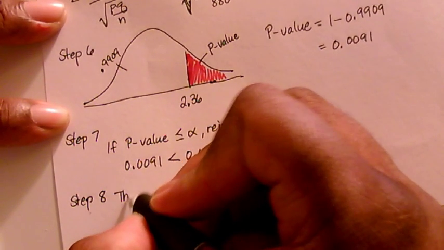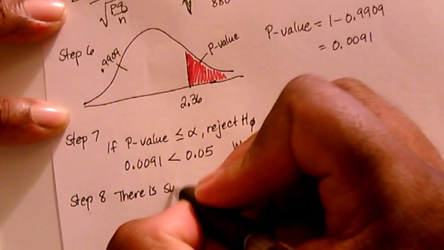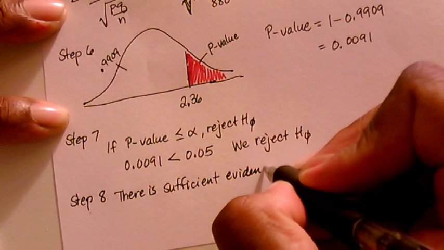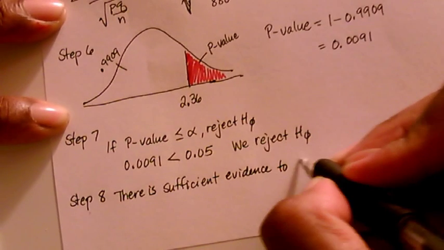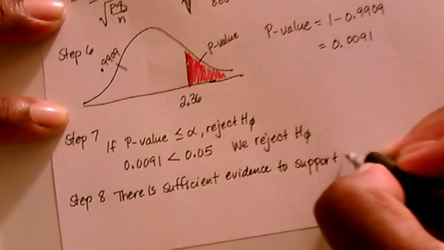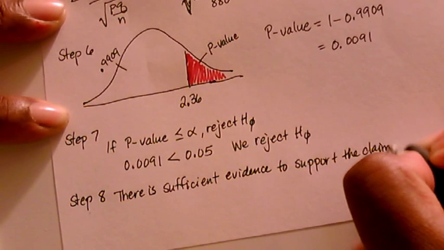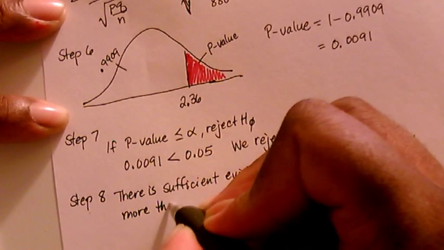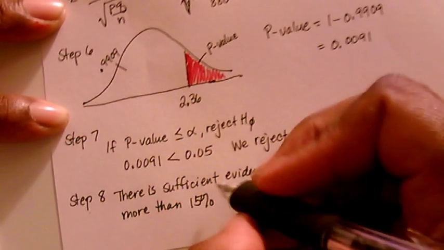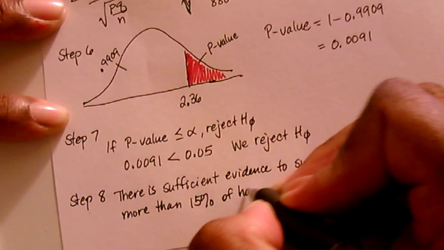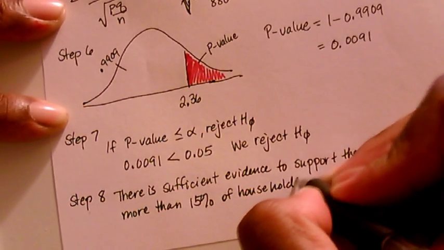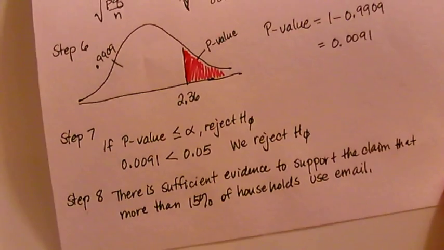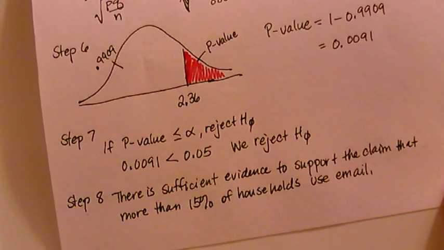So here there is sufficient evidence to support the claim that more than 15% of households use email. Okay, so that's that 8-step procedure here.